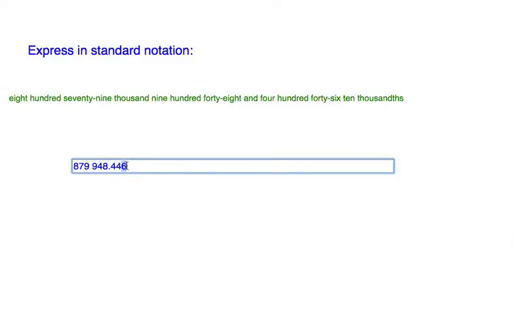To get it into the 10,000ths, I'm going to have to move everything over 1. So between the decimal point and the 4, which is in the tenths, I'm going to put a 0. That makes the 6, the last digit, end up in the 10,000ths place. You just have to make sure the last digit is in the last place that's mentioned, the place at the end of the sentence. And there we go.